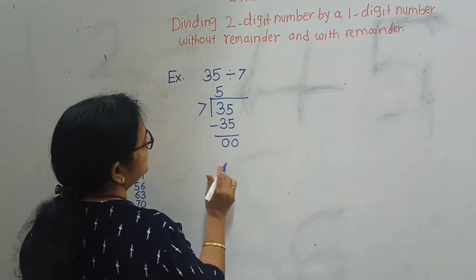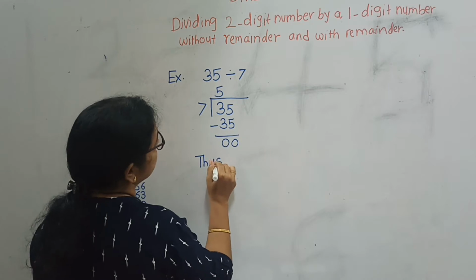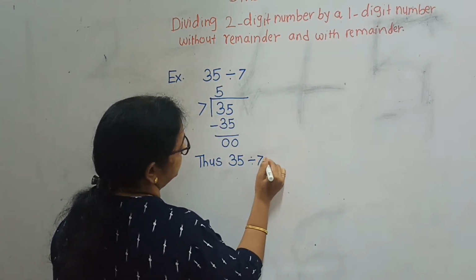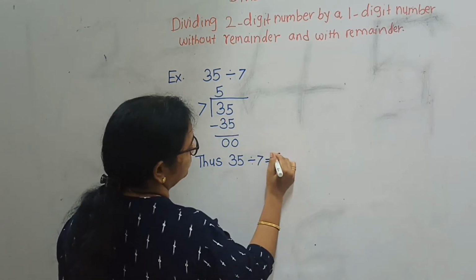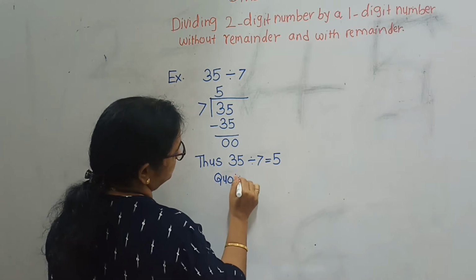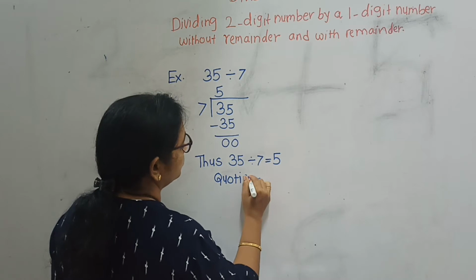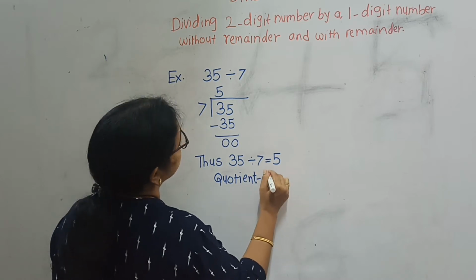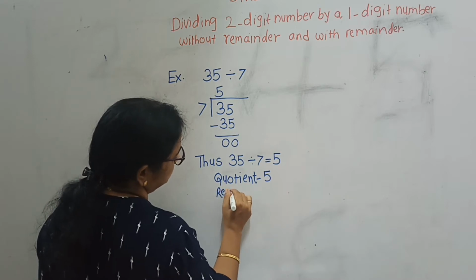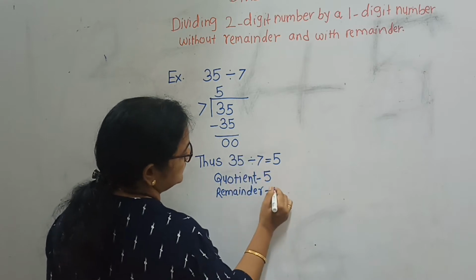Now tell me children, 35 divided by 7 is equal to 5. The quotient is 5 and the remainder is 0.